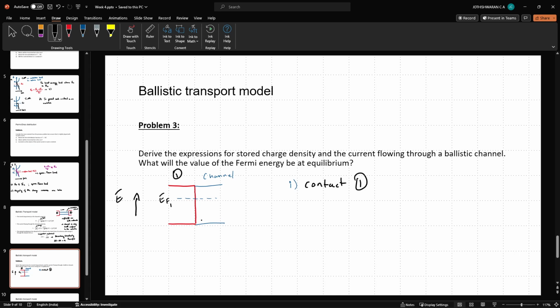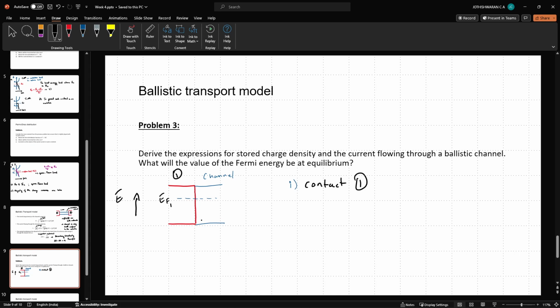This is because the occupancy, the number of electrons present or the structure of the channel itself will change depending on the external conditions. Based on the applied voltage, I can change the width of the channel, I can change the number of electrons present in the channel.